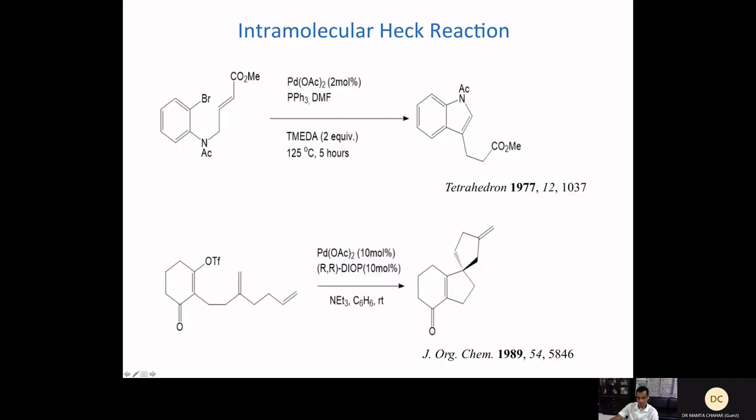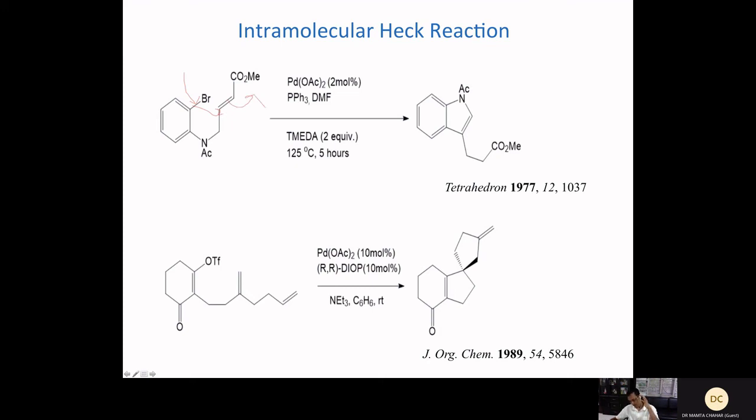As we discussed, there could be an exciting intramolecular version of this reaction, which is the intramolecular Heck reaction, where both the olefin as well as bromine are in one molecule, and subsequently oxidative addition happens in here. Oxidative addition happens in the C-Br bond in here, and this attacks in there, and that leaves the palladium here.